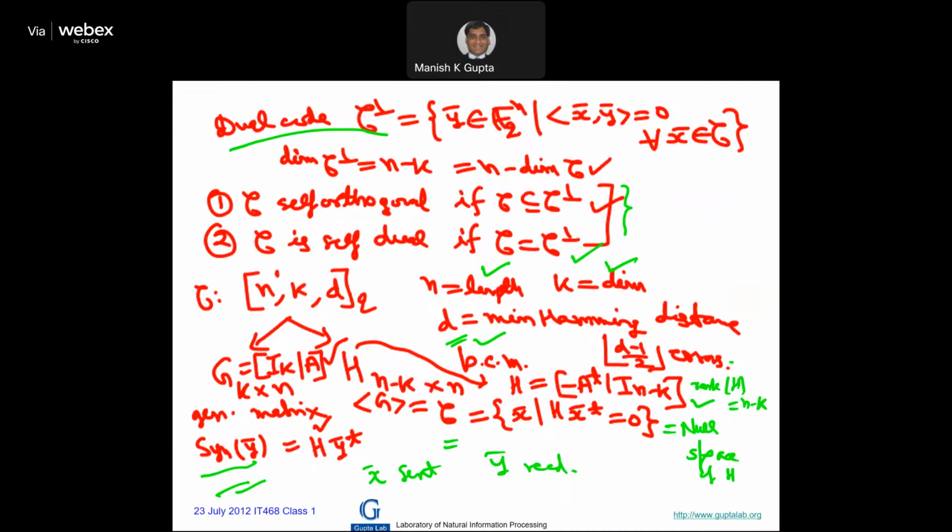Dimension of C plus dimension of C perp is equal to the dimension of the whole space, which is n. That is a beautiful result. You remember that result? So basically, that is what a dual code is.